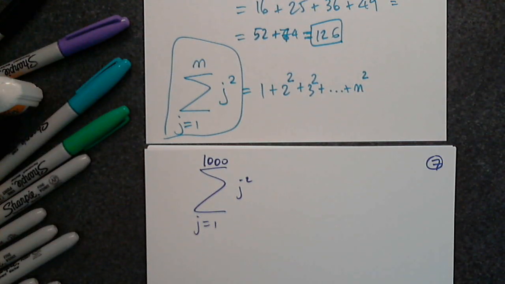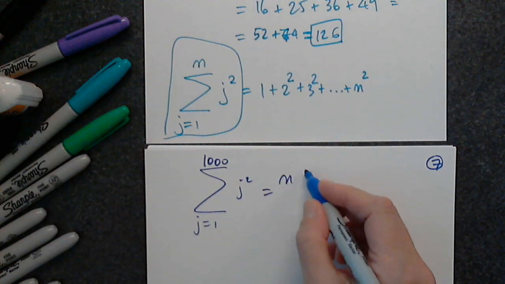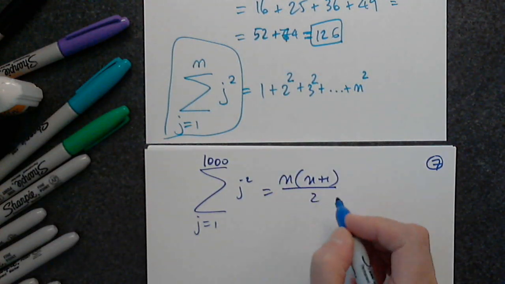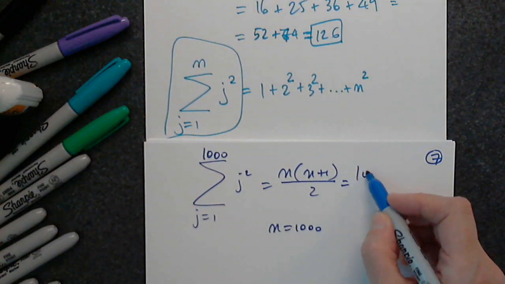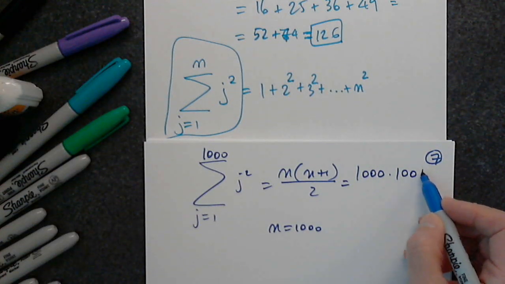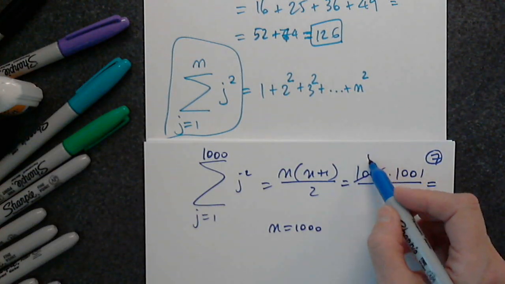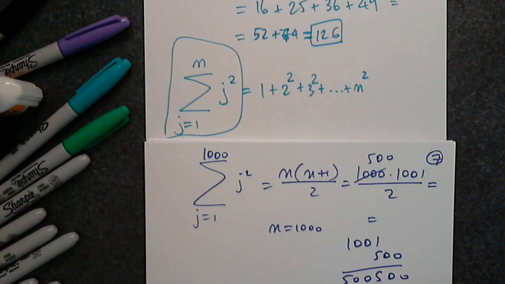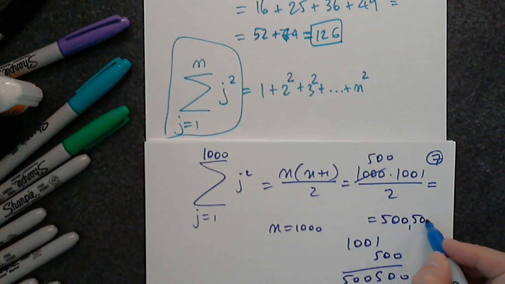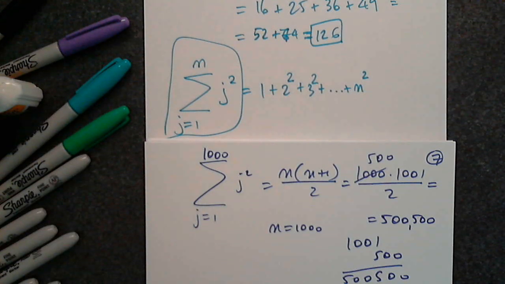But there is a very nice formula for this, which is n times n plus 1 divided by 2, where in our case n is 1,000. And it will take me 3 seconds to tell you 1,000 times 1,001. So this is 500. So when I multiply 1001 by 500, I have 500,500, and I'm done. It's 500,500.